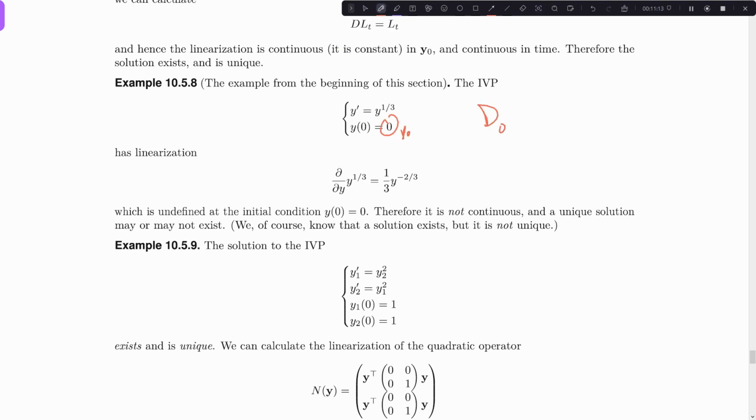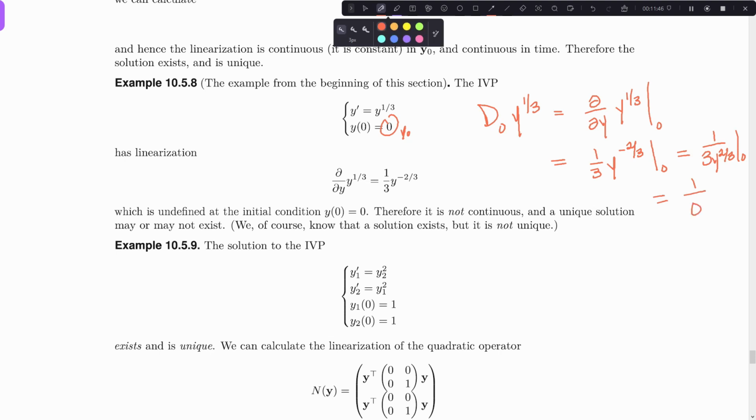Of y to the 1/3, that's the partial derivative in y of y to the 1/3, evaluated at 0, gives me 1/3 y to the negative 2/3, evaluated at 0, but a negative exponent is actually a denominator, right? This is 1/3 times 1 over y to the 2/3 at 0, and all of a sudden you see we have 1 divided by 0. And so we fail the Picard Lindelof theorem.